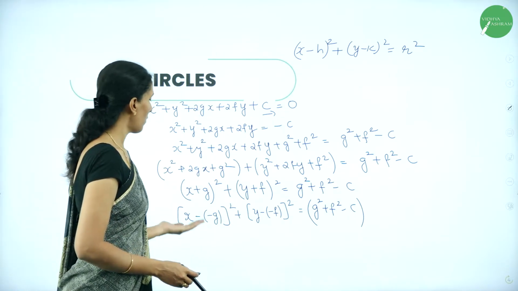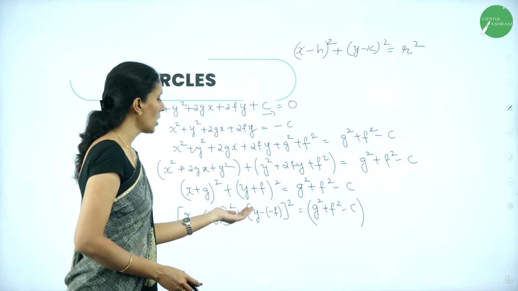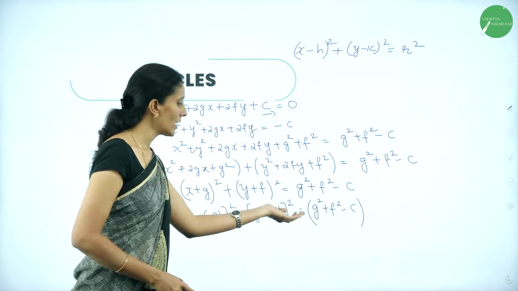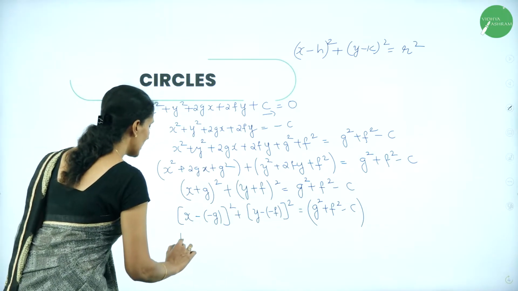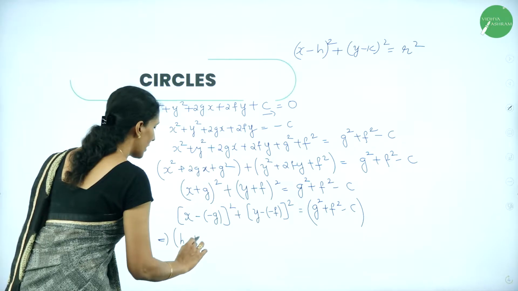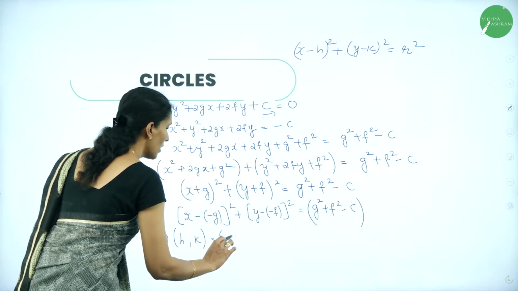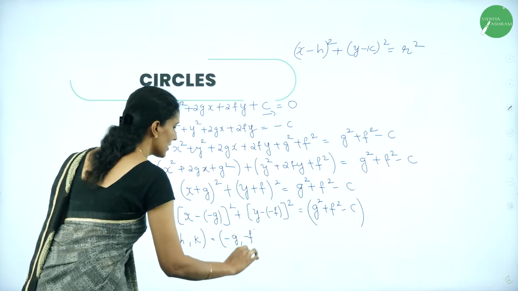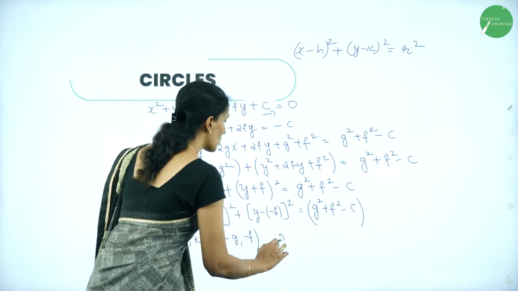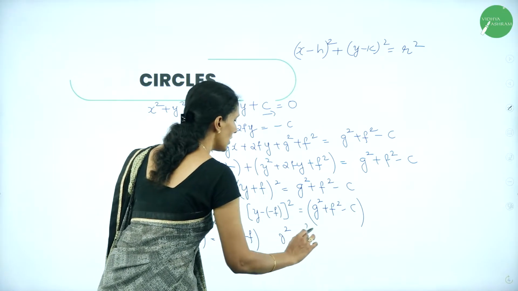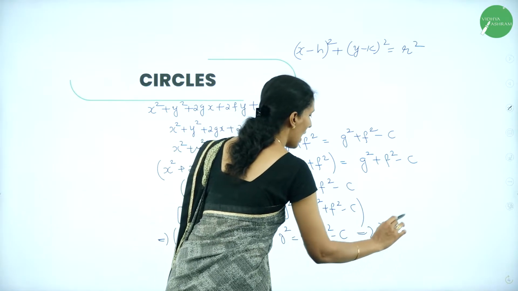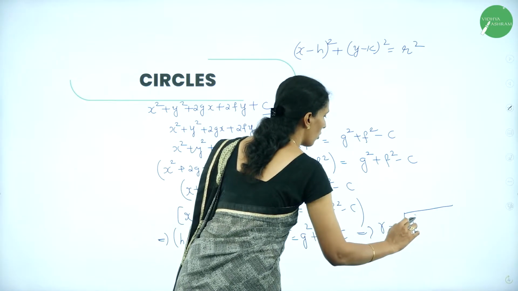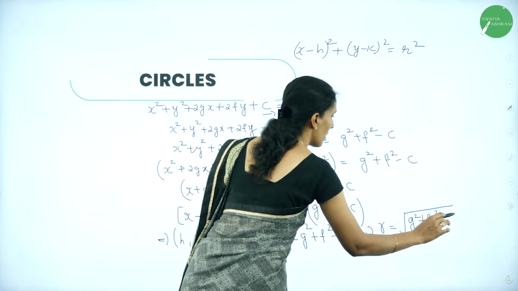This is in the same form of x minus h whole square plus y minus k whole square is equal to r square. So here h comma k is nothing but minus g comma minus f, whereas r square is equal to g square plus f square minus c. So this implies r is equal to square root of g square plus f square minus c.